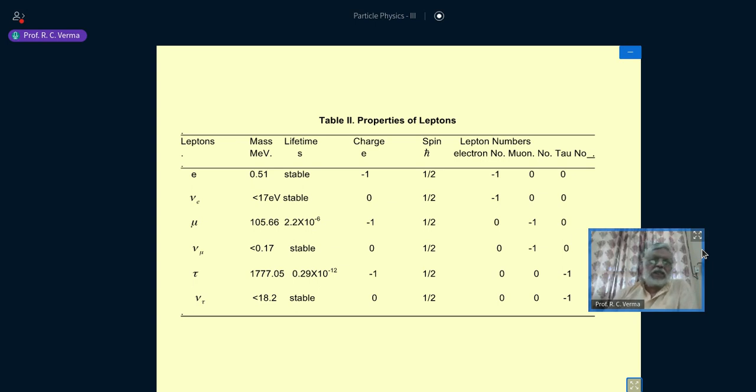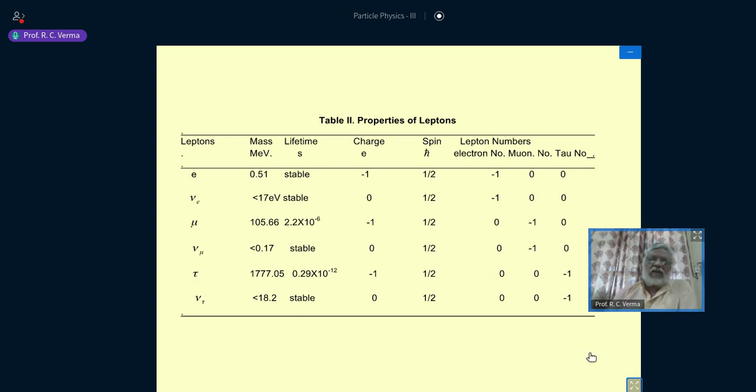Sometimes books say they all carry lepton number 1. No, we have to be careful. We have three kinds of lepton numbers: electron type, muon type, and tau type. So you can call it electron lepton number, muon lepton number, tau lepton number. The first family, that is e and nu_e, have electron lepton number 1 and all other lepton numbers 0. And the lepton number of the positron and the antineutrino will be -1.